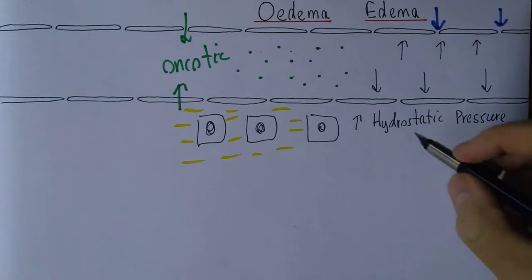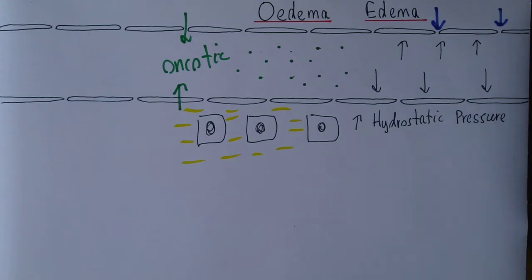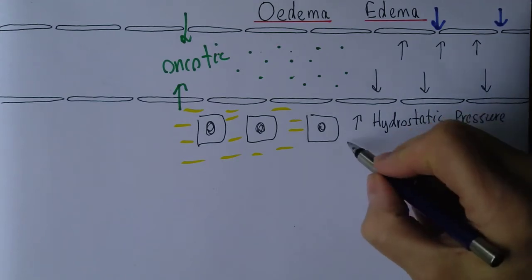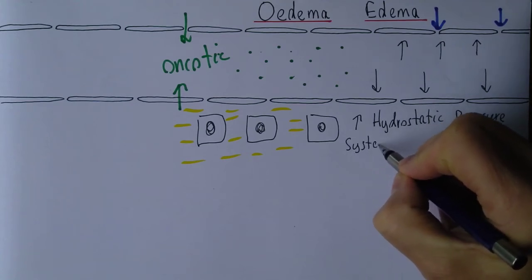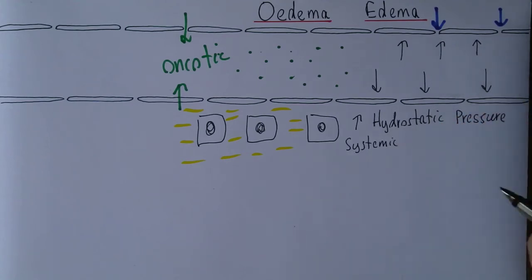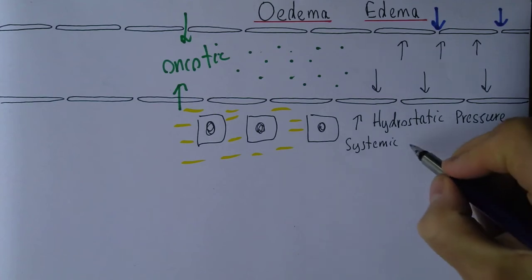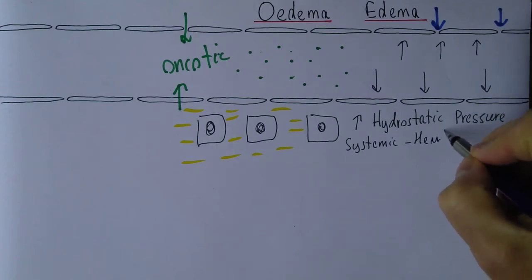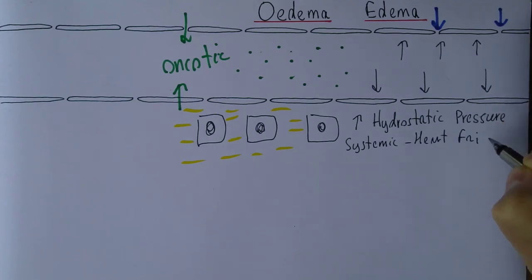So this could be localized or it could be systemic. For example, if it's systemic, that could be caused by heart failure. So if there's a right heart failure, that might initially lead to systemic edema.